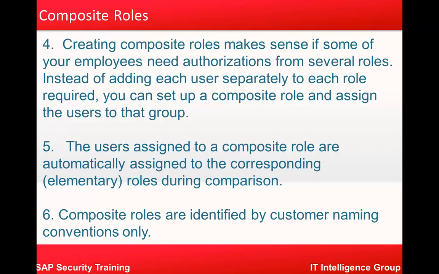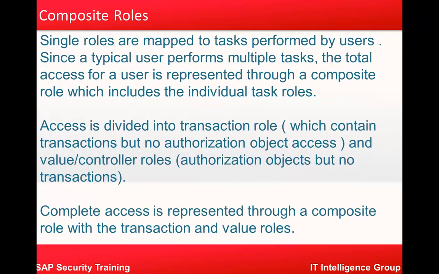So that is about the composite role. Just to recap, a composite role is basically a collection of roles, and it simplifies the administration, so that we can identify from the composite role which department or which level the person is. Single roles are mapped to tasks performed by users.